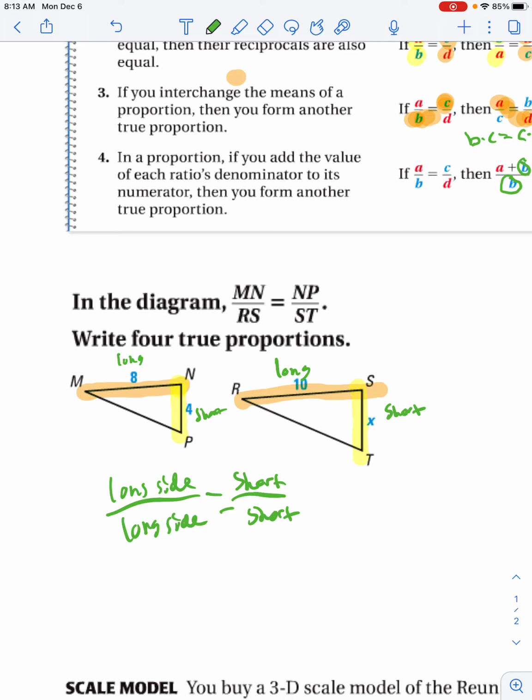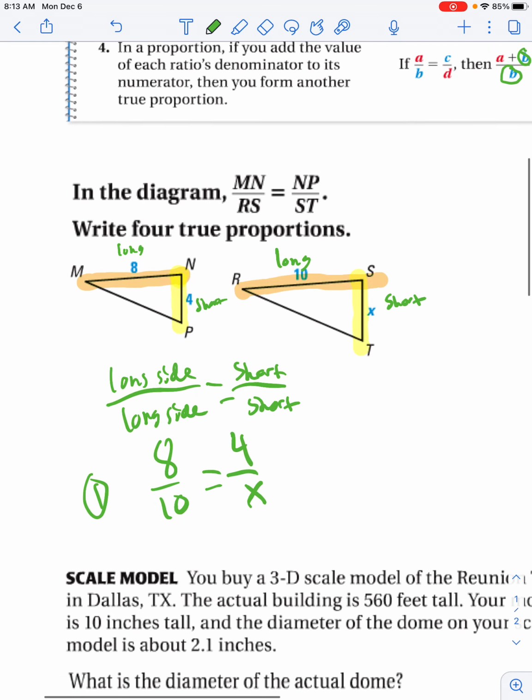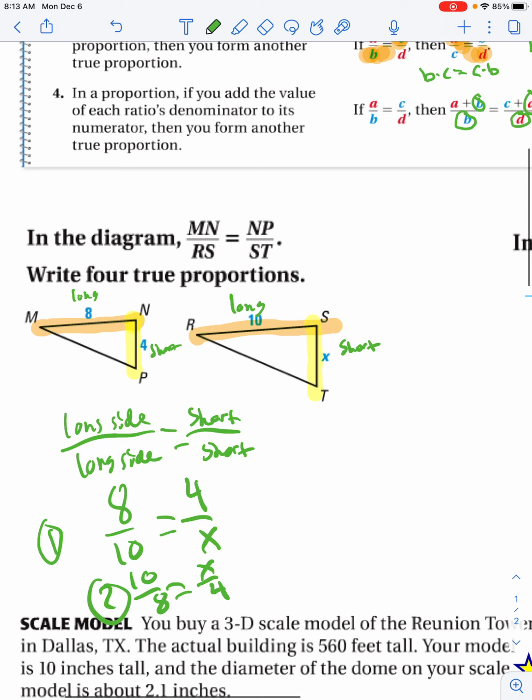Four true proportions. If I wanted to stay long to long, I would say 8 over 10 equals 4 over x. Could always flip-flop it, so 10 over 8 equals x over 4. If I wanted to use the Pythagorean theorem, I could figure out the hypotenuse, but I don't want to do that right now.